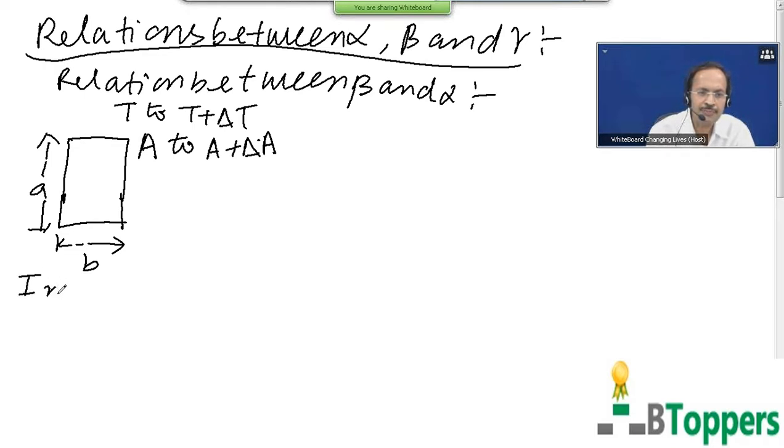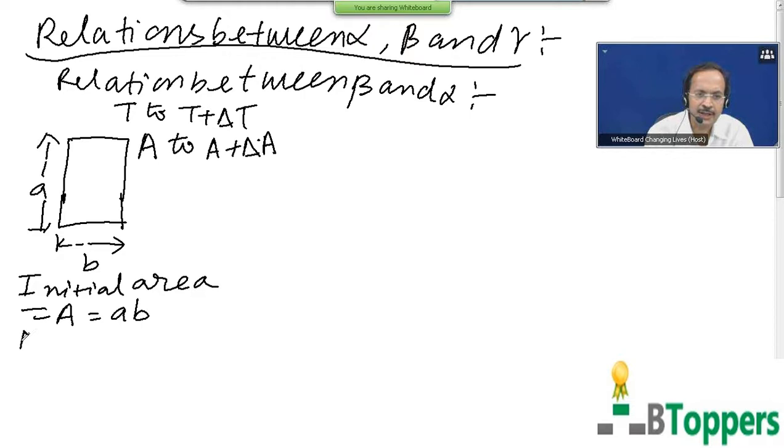So initial area before it is heated, denoted by capital A, is the product of initial length a and initial breadth b. So when it is heated uniformly, the new length will be more than a, I denote it by a dash.